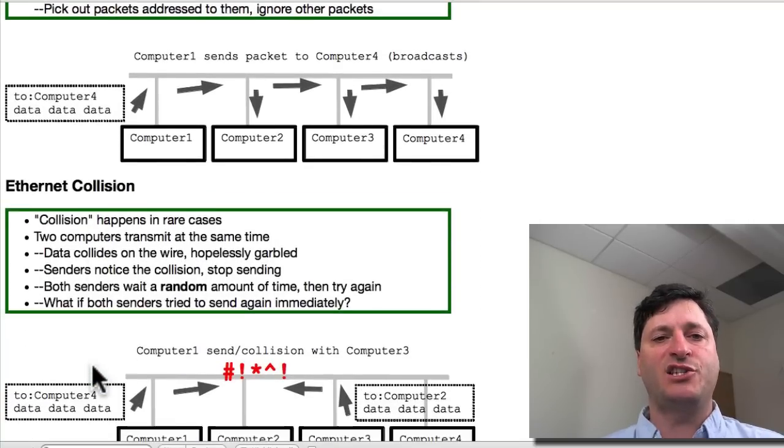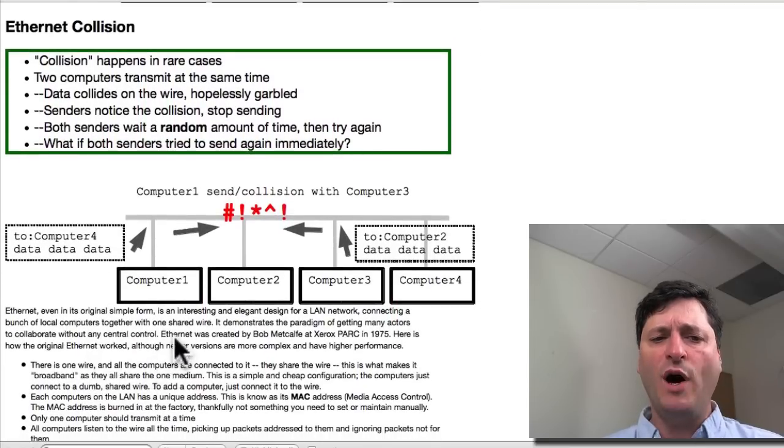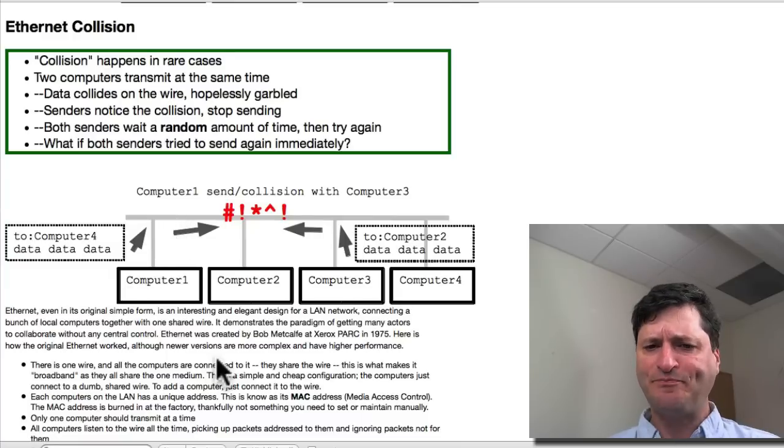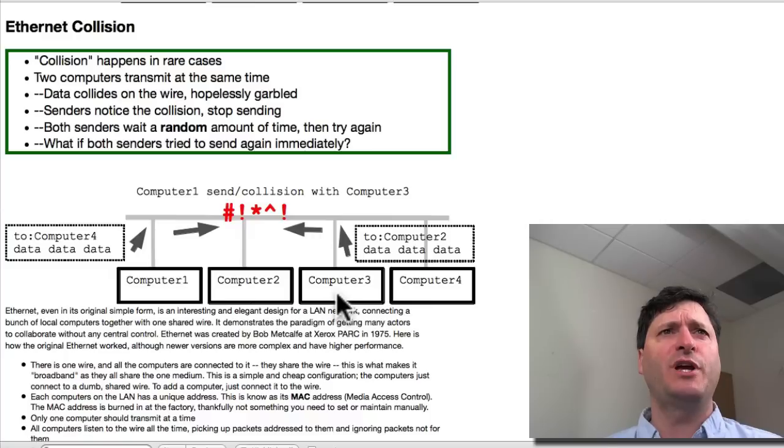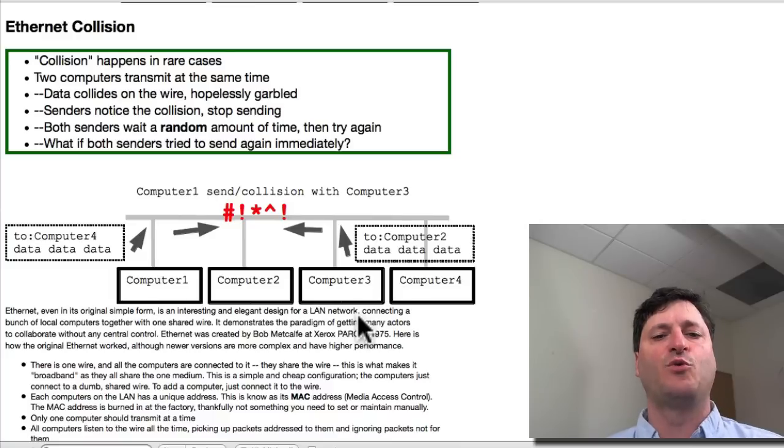So the interesting case for sharing with Ethernet is, what if computer 1, as I described before, is going to send a packet to computer 4, but it happens that computer 3 also had a packet to send. If you're just unlucky, it's possible that both computer 1 and computer 3 will hear the same period of silence.